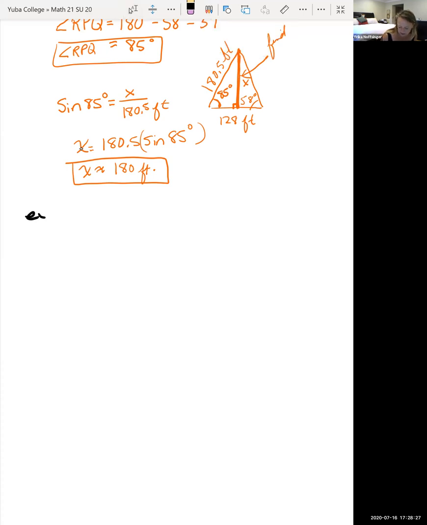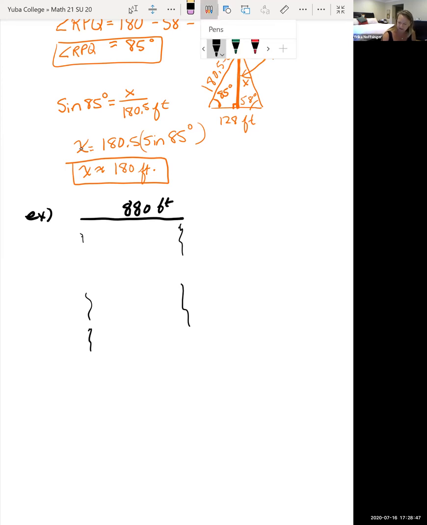Okay. So we have this bridge here. We're given that the bridge's length is 880 feet. You've got your cliffs over here, and you've got your water down below.